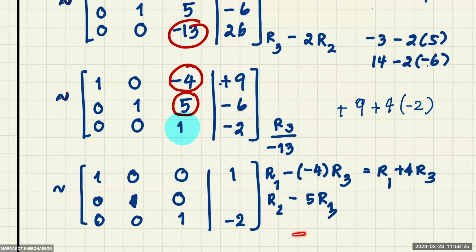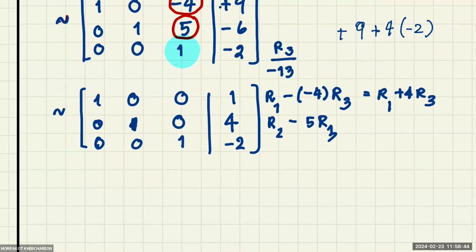Then minus 6 minus 5 times minus 2 is 10. 10 minus 6 is 4. Okay, so in this case we will say that x is 1, y is 4, z is minus 2. Okay, so this is called the Gauss-Jordan form. Okay.